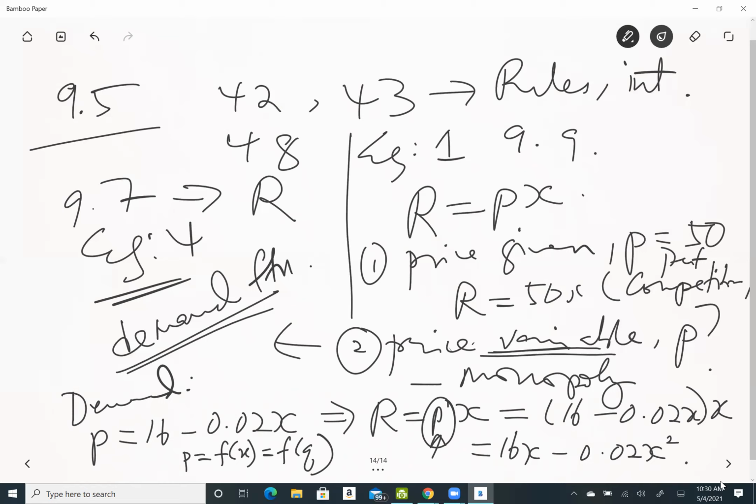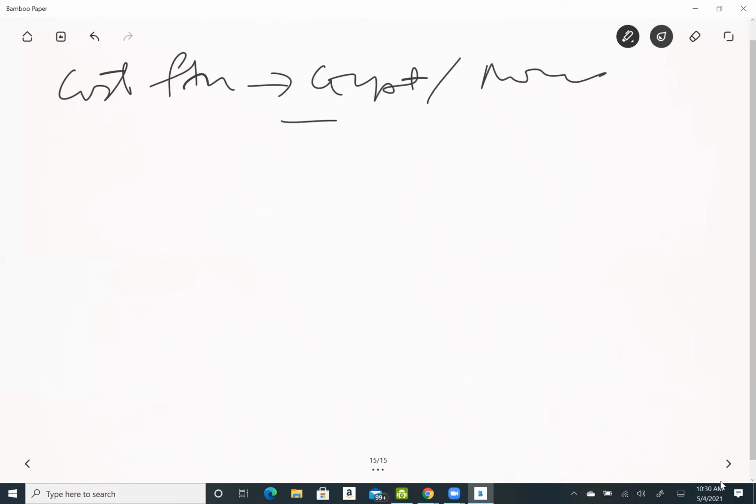Now look at example number 3. Example number 3, you have the cost function. All right. So cost function, given the cost function, it doesn't matter whether you are competitive or you are monopoly. All right. The cost, as we know, is variable cost plus fixed cost. Or sometimes, they already give you the form.